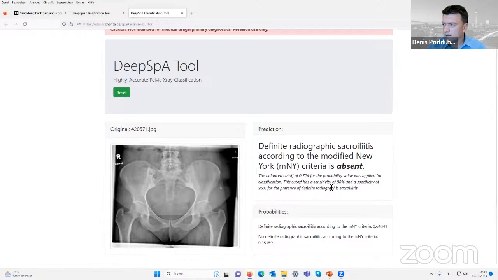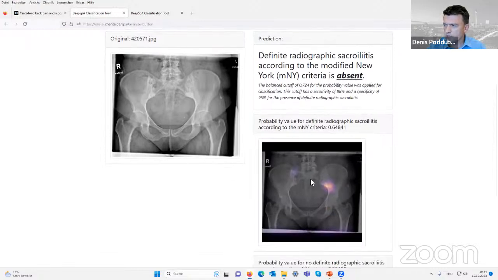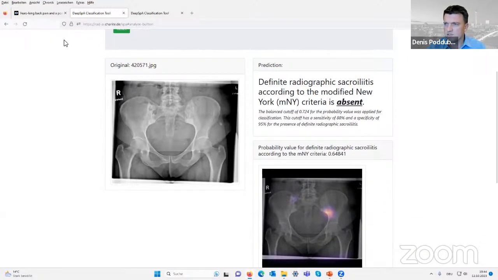And here you see that artificial intelligence thinks that definite radiographic sacroiliitis is absent, and you even receive a numeric value for this. Here we took a balanced cutoff with balanced sensitivity and specificity. And if you generate gradient activation maps, you can even see what was the region which affected the decision on presence or absence of definite radiographic sacroiliitis.